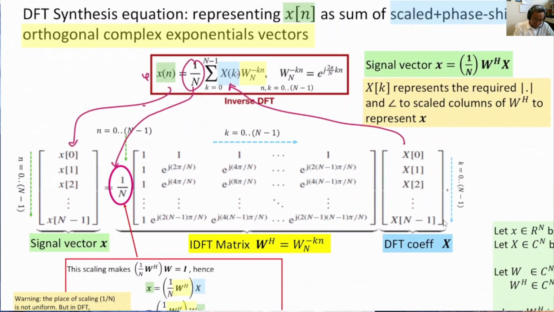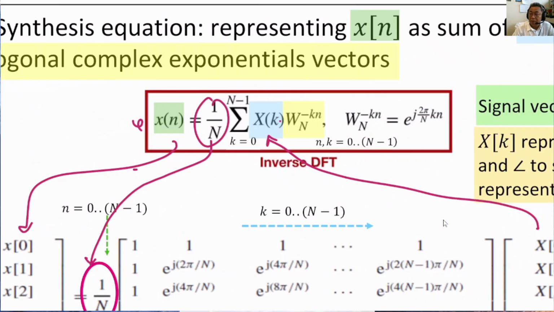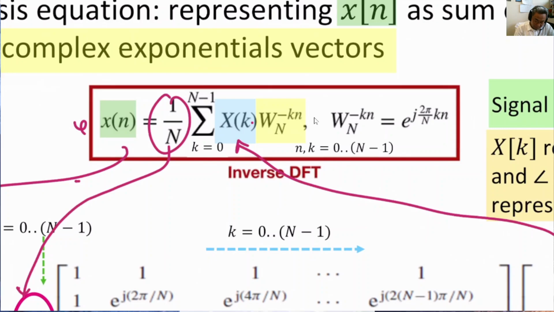Now, let's study carefully what W_n^(-kn) means. W_n here, this n is the number of elements in x_n and X_k. So we use the big N to denote how many dimensions we are talking about. This minus kn here is this.